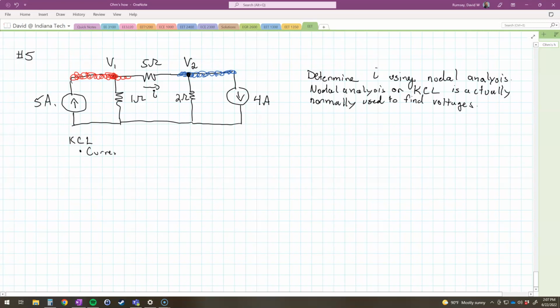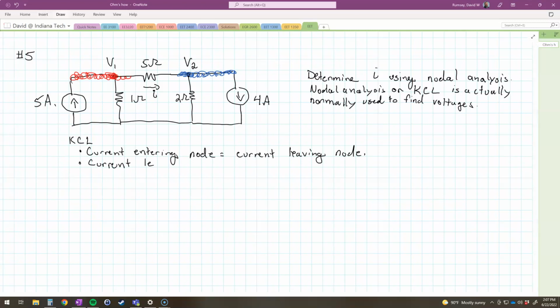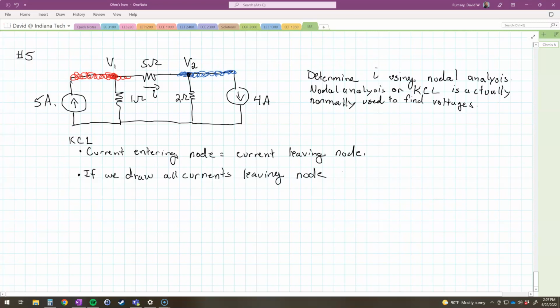Current entering a node equals current leaving the node. Second, if we draw all currents leaving the node, they sum to 0.